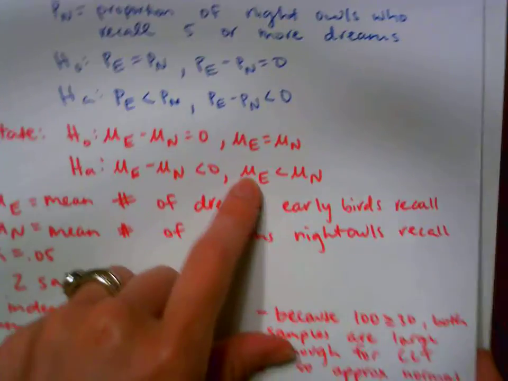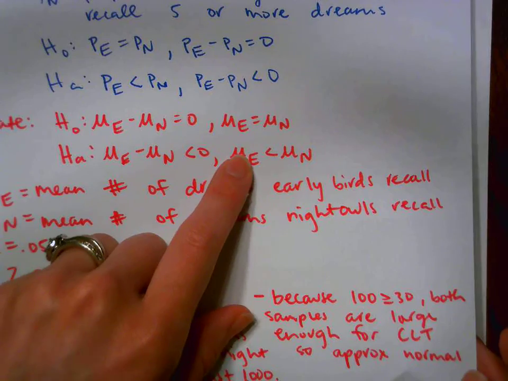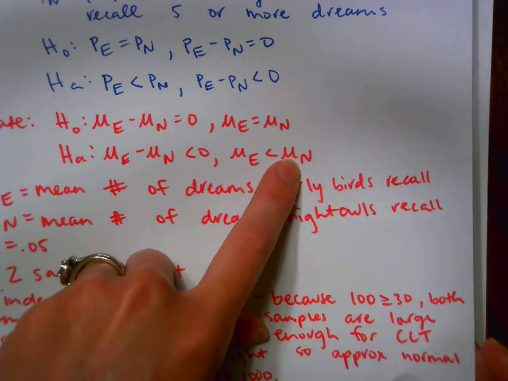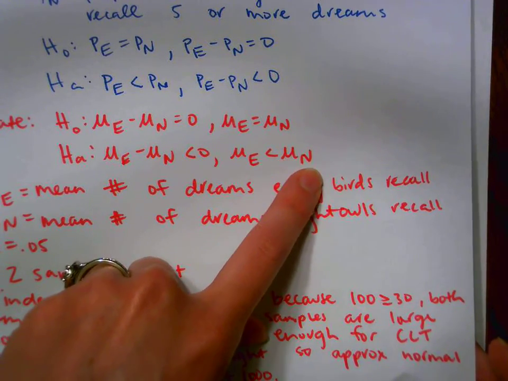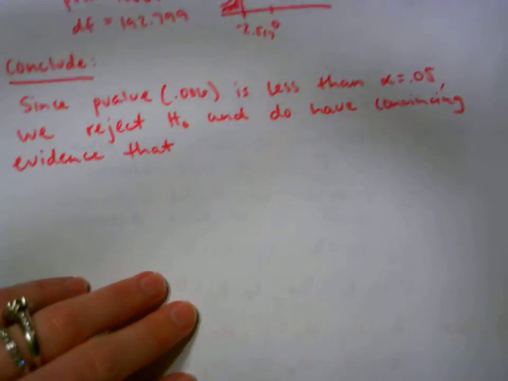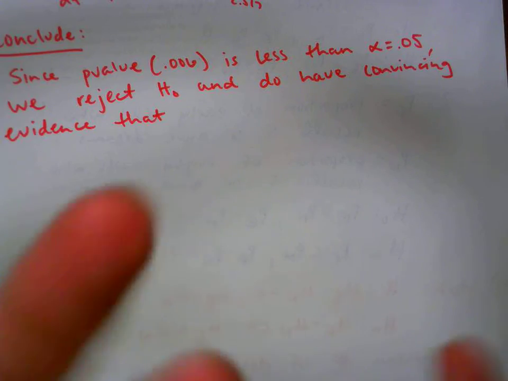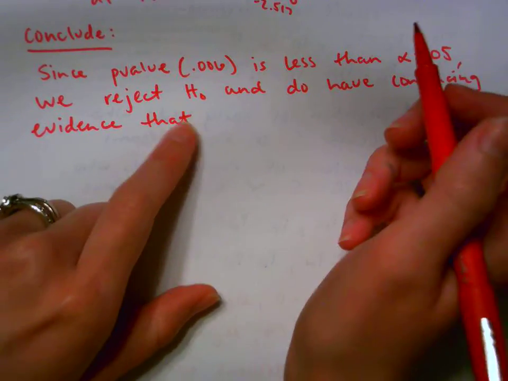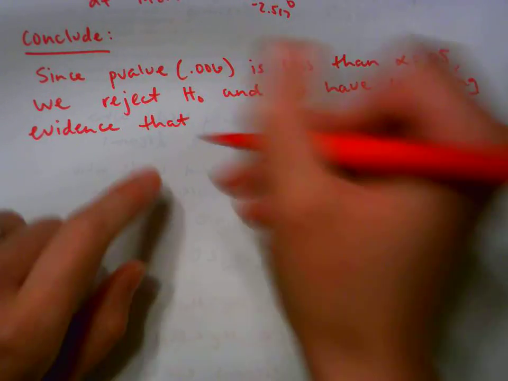So HA is that the mean number of dreams recalled for early birds is less than the mean number of dreams recalled for night owls. You can just write exactly that or try to fit it to be shorter, but make sure you don't take too many shortcuts and leave something out.